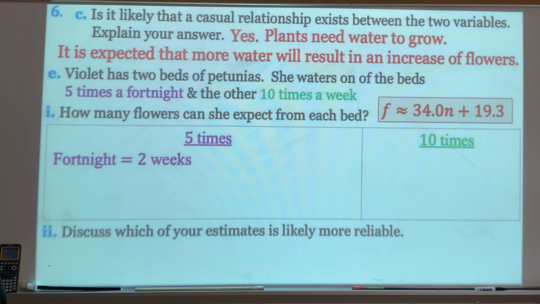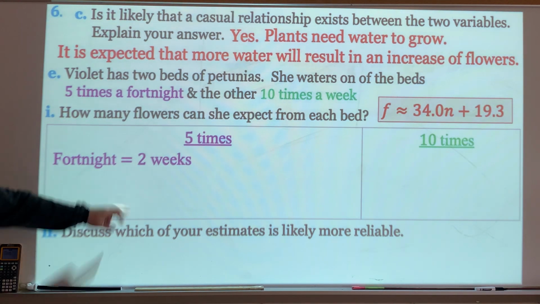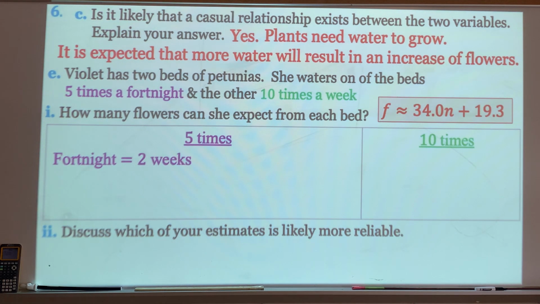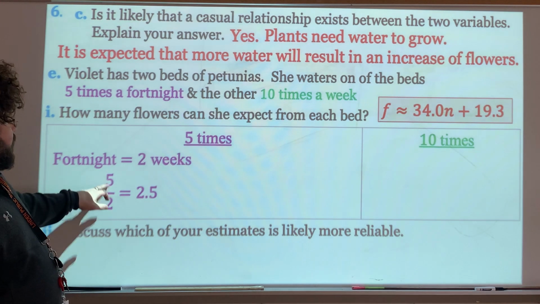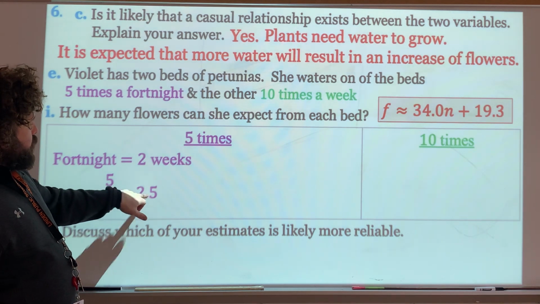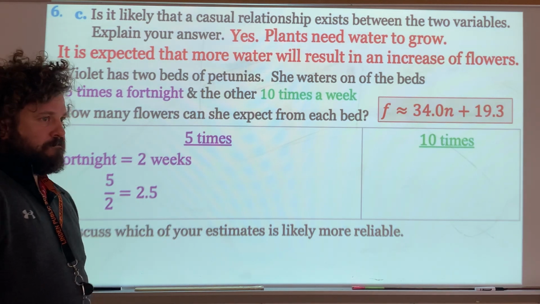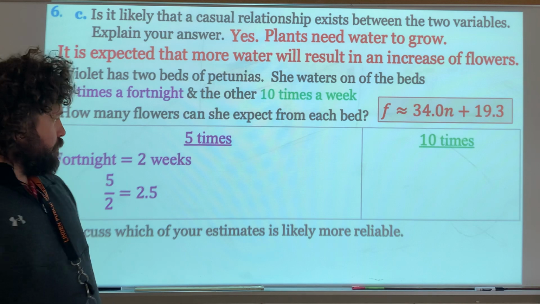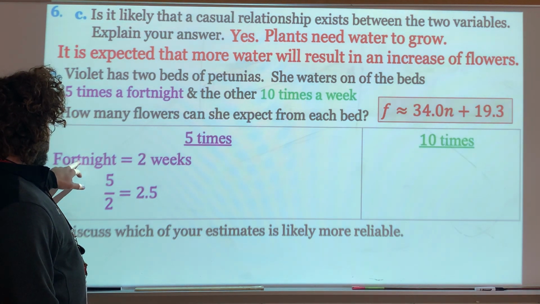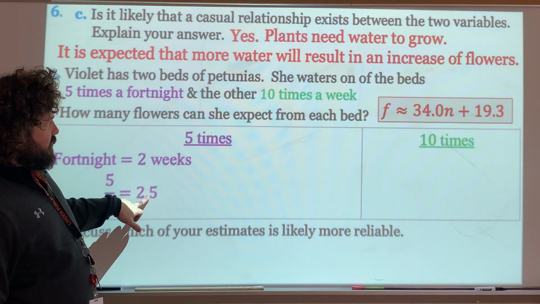5 times a fortnight. A fortnight is 2 weeks. So that means she waters it 5 times every 2 weeks. So 5 divided by 2 is 2.5 times a week, right?